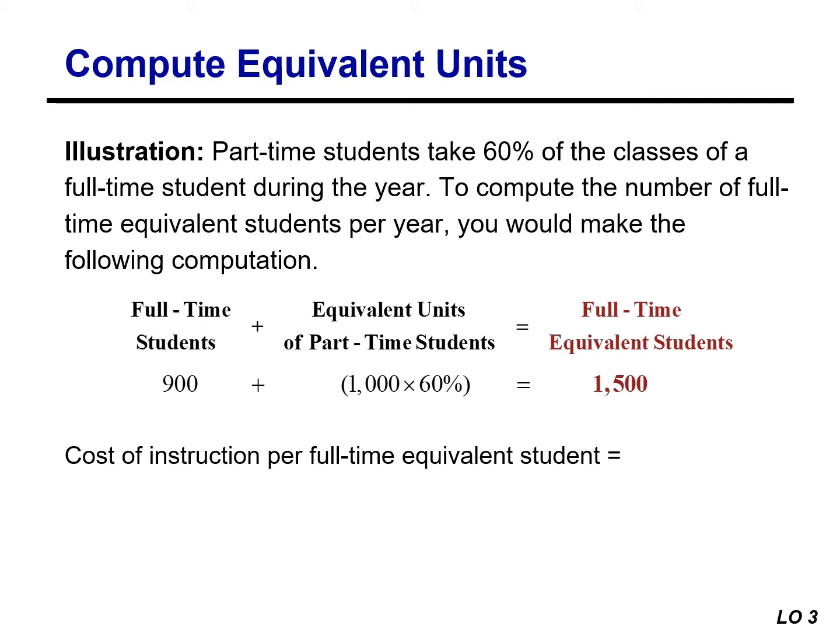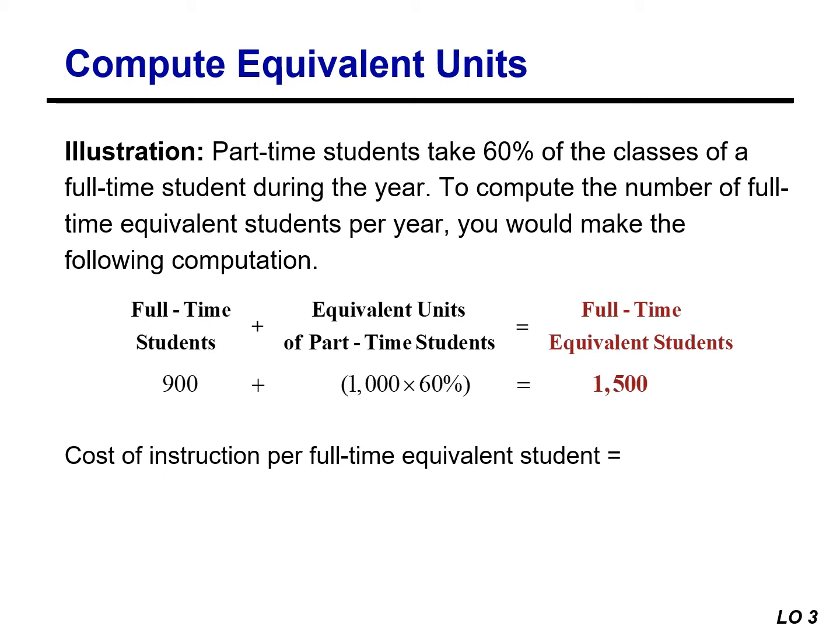It does not seem reasonable to count a part-time student as an equal to a full-time student. The part-time student can be converted into an equivalent number of full-time students. If we take the 1,000 part-time students and multiply that by the 60%, we obtain 600 equivalent full-time students.